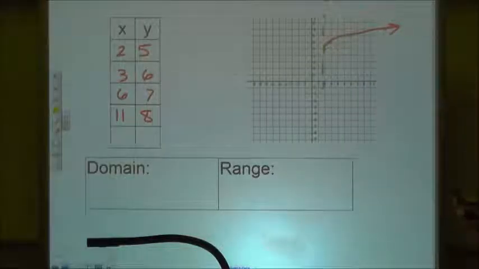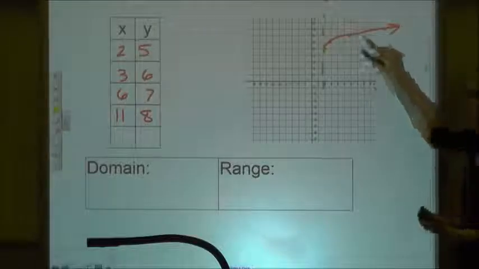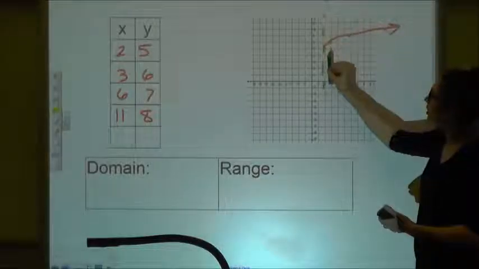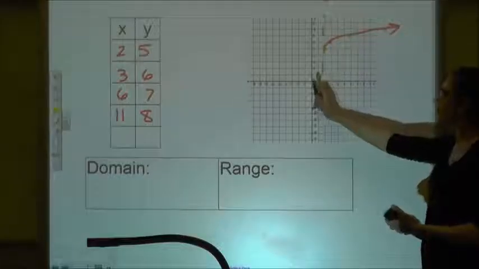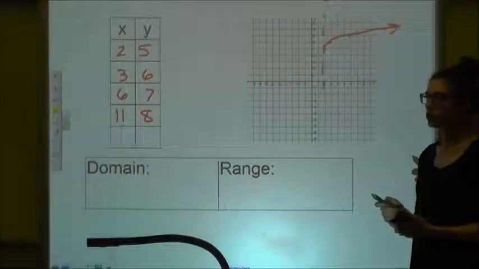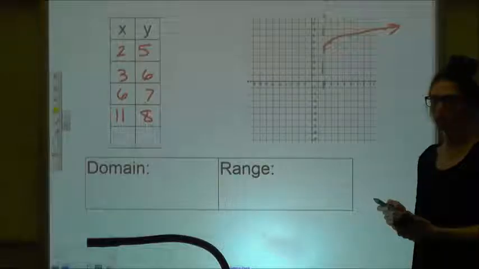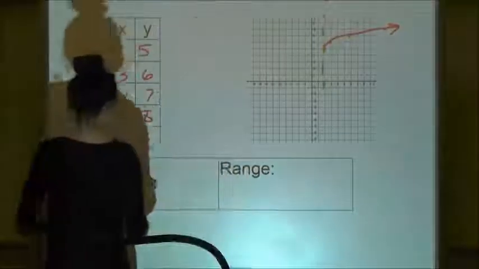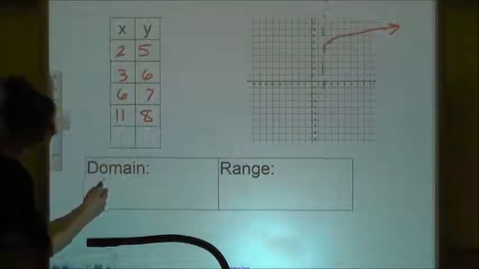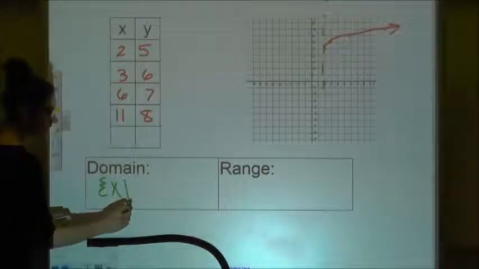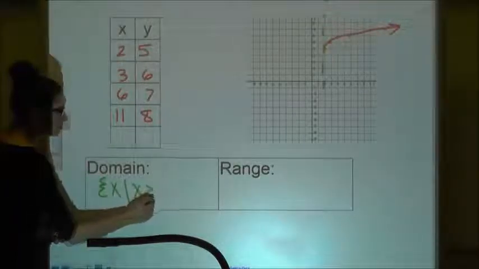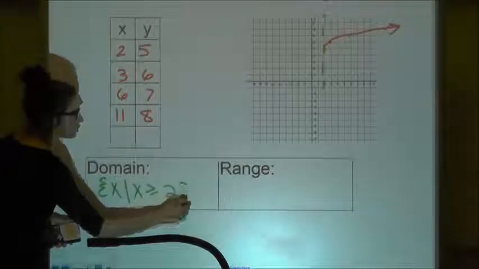Do you see that? So how are we going to write that? Put your brace. You're going to do x, line, x has to be greater than or equal to 2.